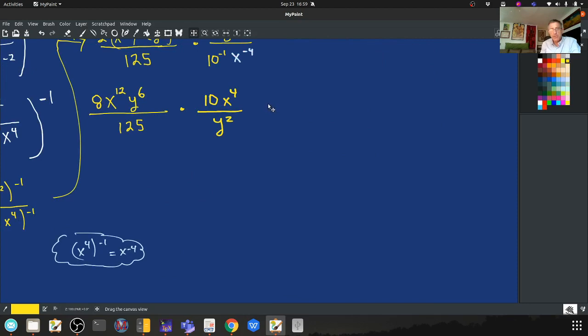So here is the last step. To multiply two fractions is just to multiply every term. So what we do is we collect like terms. So 8 times 10.